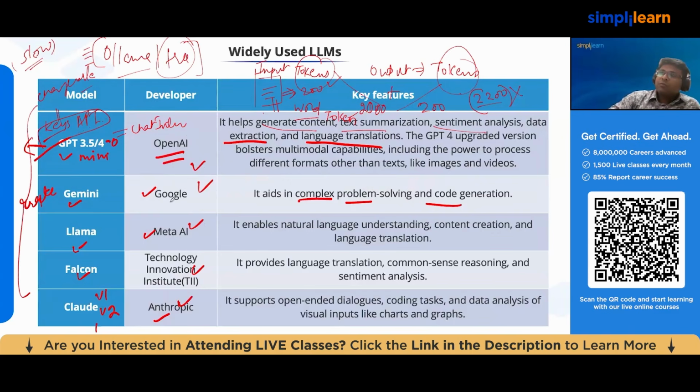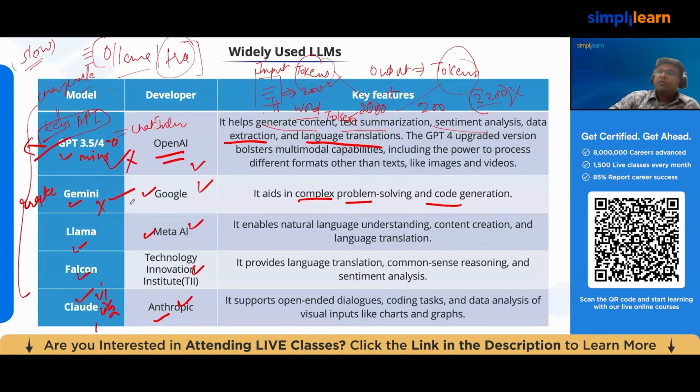In one problem statement, like in my case, I worked with Gemini or Claude, and it gave me excellent results, and ChatGPT hasn't given me excellent results. In another problem situation, ChatGPT works fine for me, and these will not give me a solution, right? So it depends.